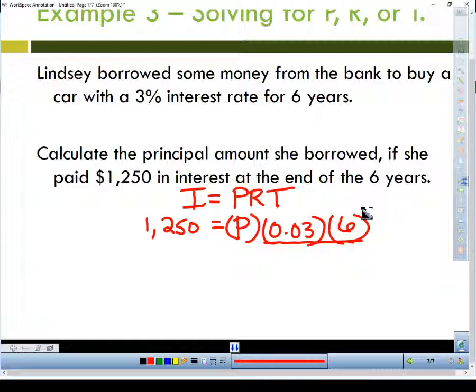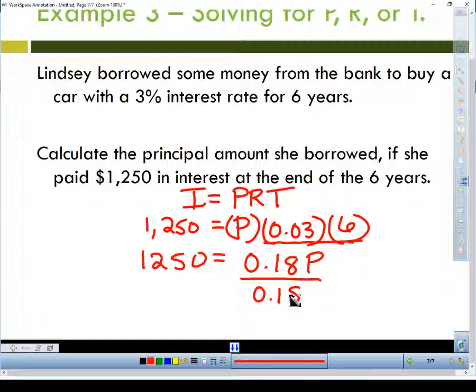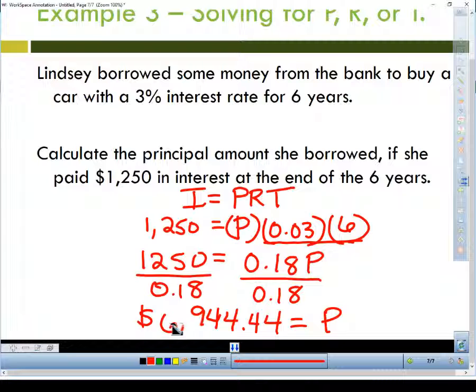Go ahead and multiply the 0.03 times 6, and you get 0.18 times P. We divide by 0.18 on both sides. And 1,250 divided by 0.18 is $6,944.44. Because that is money, you round it to the hundredth. So that is the amount of money that she borrowed.